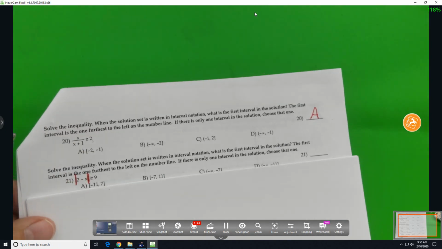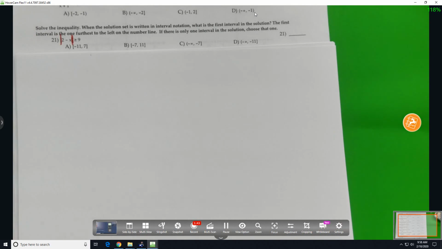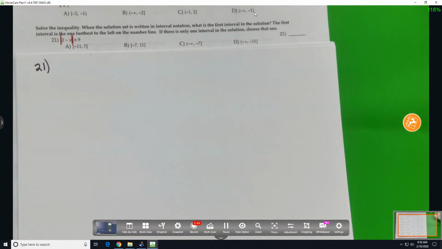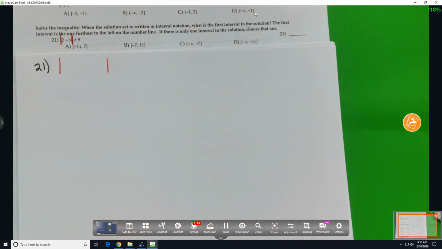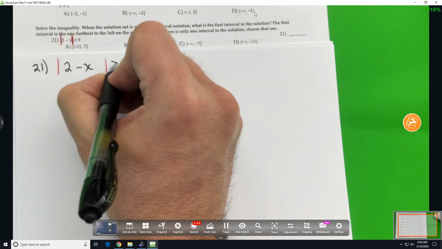Number 21, let me write it down. The absolute value of 2 minus x is greater than or equal to 9.